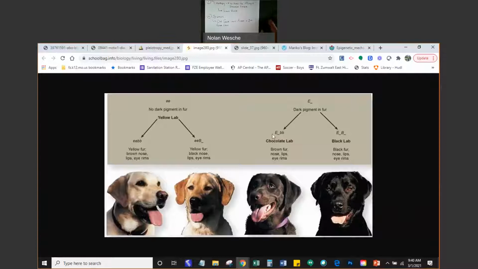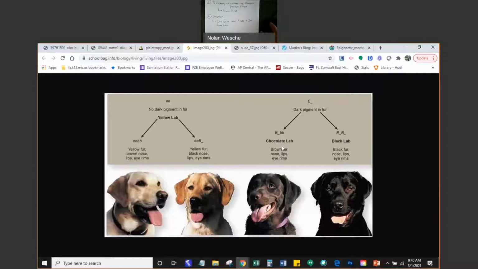Labrador retrievers. And labs can have yellow fur, chocolate fur, or black fur. And that is going to be the interaction of two alleles. So we have an allele that allows pigmentation in the fur, and then we have an allele that codes for chocolate colored fur, lips, nose, and eye rings, or black.